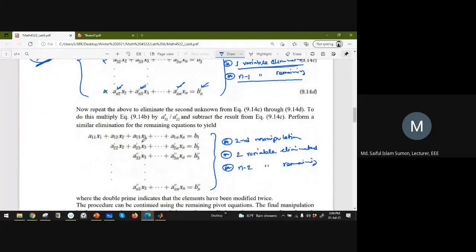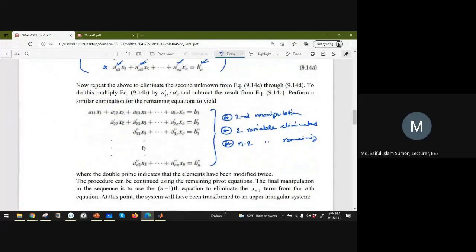So if you are following me, then during the second manipulation, I will be doing the same thing based on this equation now. Suppose that was equation number 1, that will remain the same. Equation number 2, can you remember that it has been changed? That's why this is 2a. So based on this 2a, we will be manipulating the other equations to remove x2. So during the second manipulation, x2 will be removed.